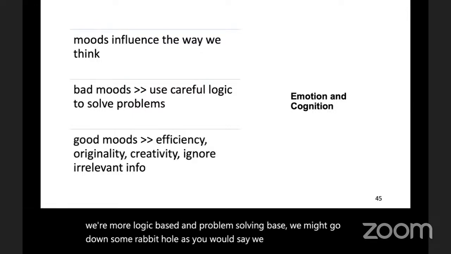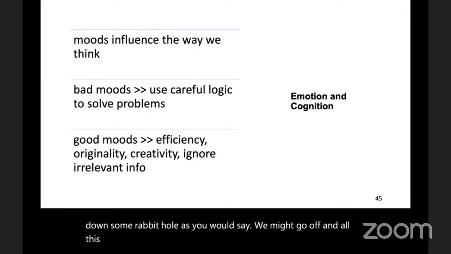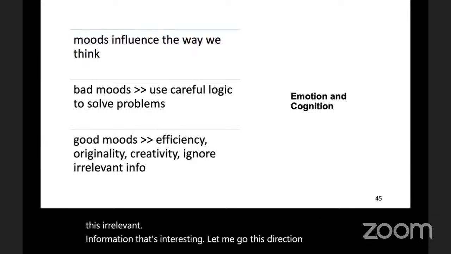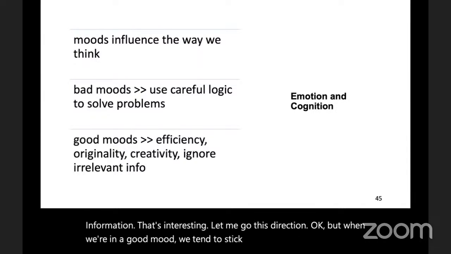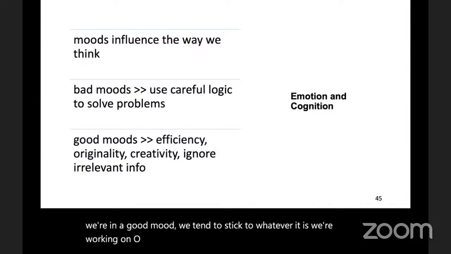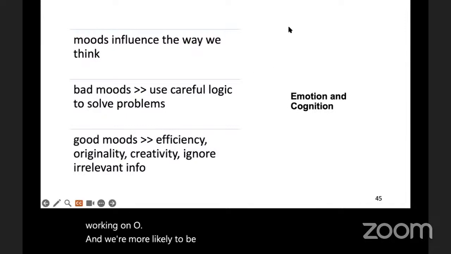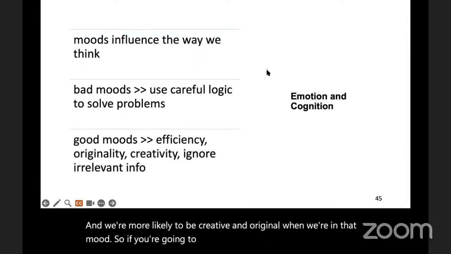We might go off and think, oh, this irrelevant information, that's interesting, let me go this direction. But when we're in a good mood, we tend to stick to whatever it is we're working on. And we're more likely to be creative and original in that mood. So if you're going to write a story, do it in a good mood.